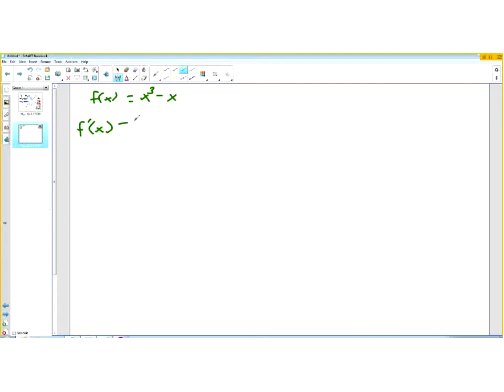And so that's the limit as h approaches 0 of the difference quotient. So that would be f of x plus h minus f of x divided by h. All right, and now make the substitutions for f. Compose f with x plus h.